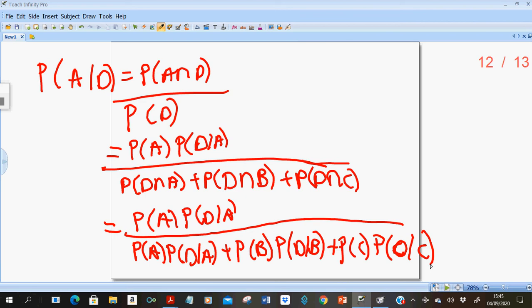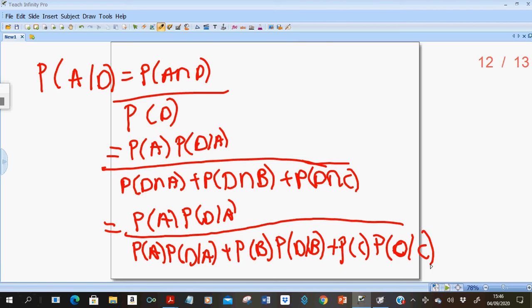And actually, this just represents the Bayes theorem. We have all these terms, so we can just put them in.